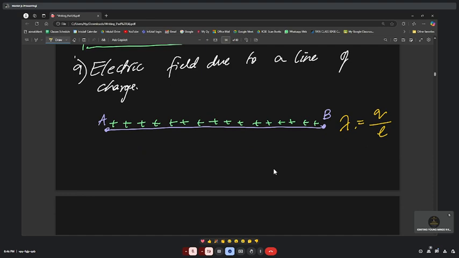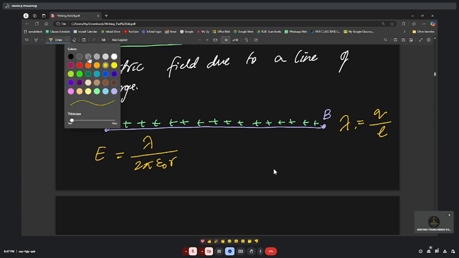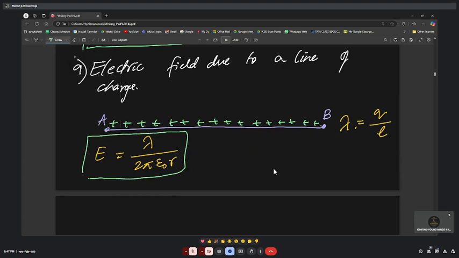All right, so the electric field due to this line of charge is given by the relation E is equal to lambda upon 2 pi epsilon naught r. That's the formula for electric field due to a line of charge. This is again a formula which is very useful for us to solve different types of questions.